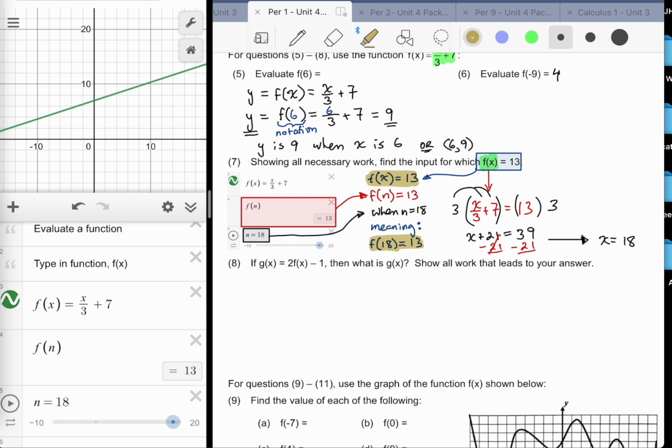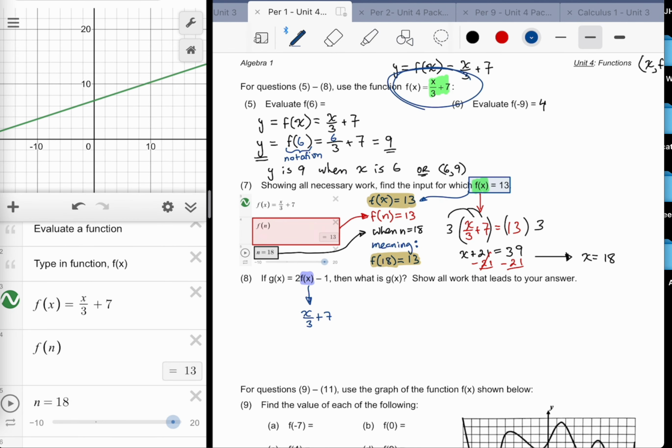But number 8, that's just a crazy looking expression: 2 f of x minus 1. It's like, you didn't teach us this. Yeah, but if we know that f of x is equal to x over 3 plus 7, because that's what they set up here, and they said that applies for questions 5 through 8, and this is question 8, then it's really just a matter of substituting.